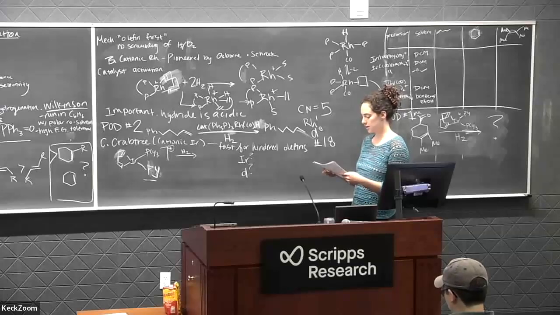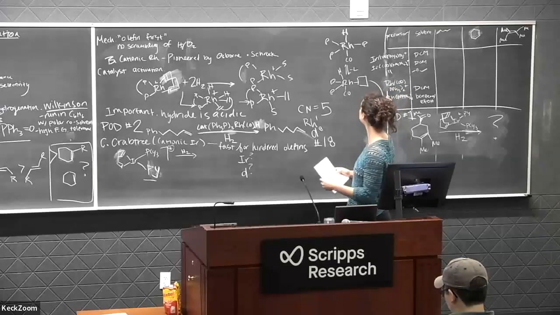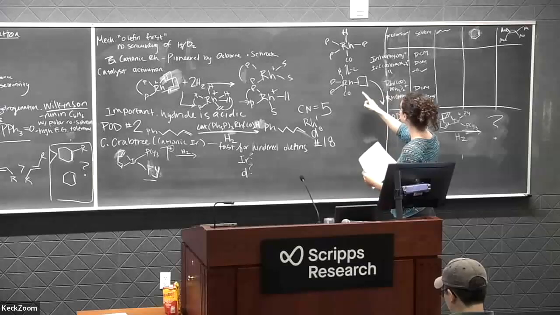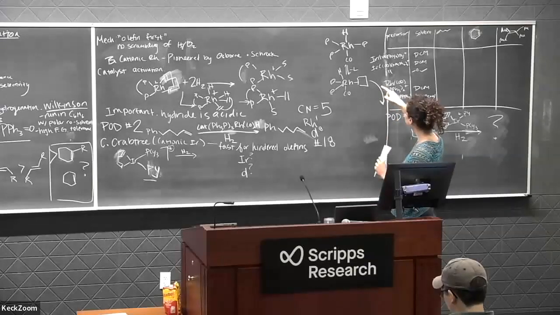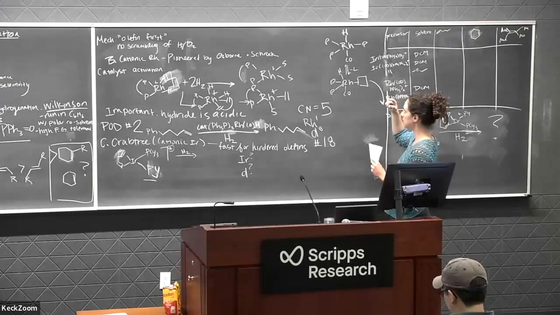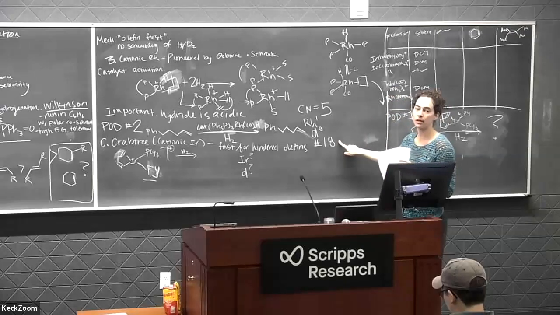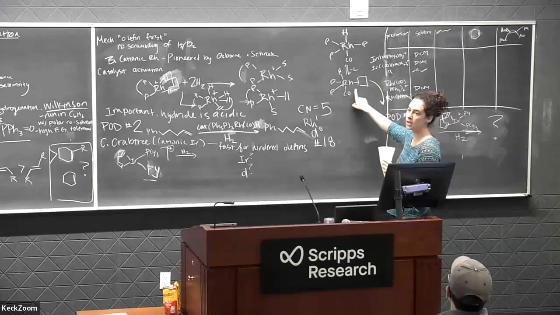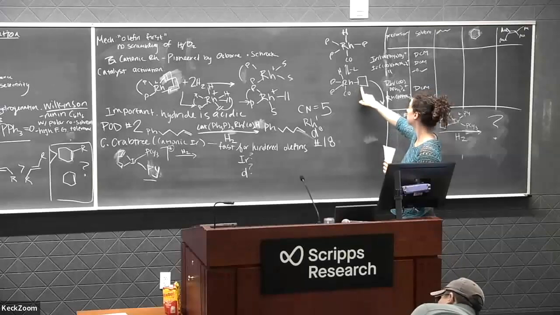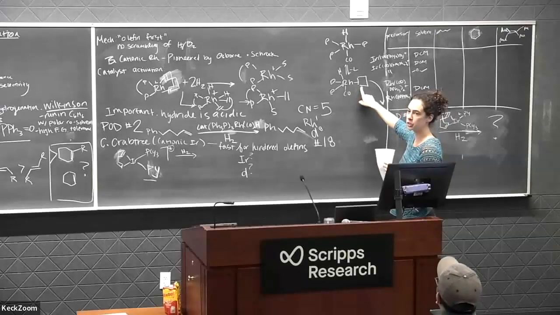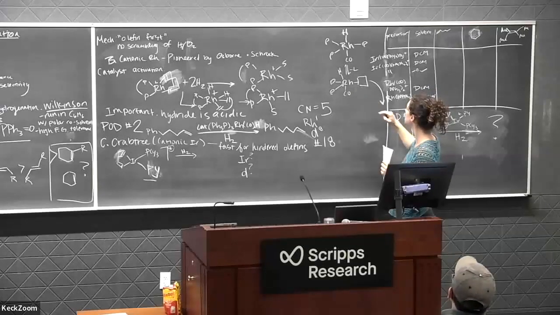So now we need to propose a catalytic cycle that might have some byproducts associated with it. I've started over here. This is based on this being an 18 electron complex. We're going to first need to dissociate a phosphine to give ourselves an open coordination site to continue with catalysis.